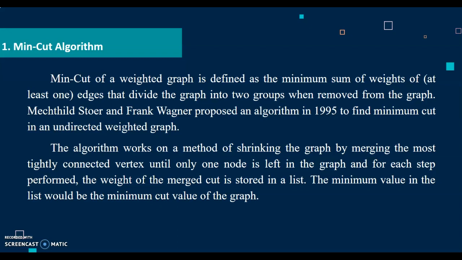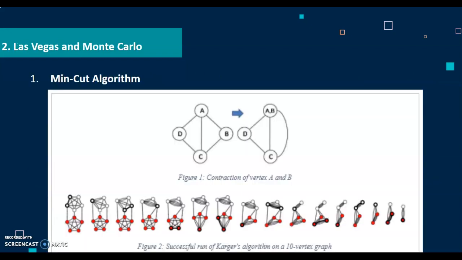The algorithm works on the method of shrinking the graph by merging the most tightly connected vertices until only one node is left in the graph, and for each step performed, the weight of the merged cut is stored in a list. The minimum value in the list would be the minimum cut value of the graph.